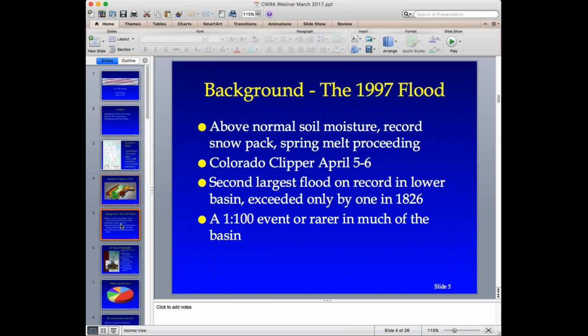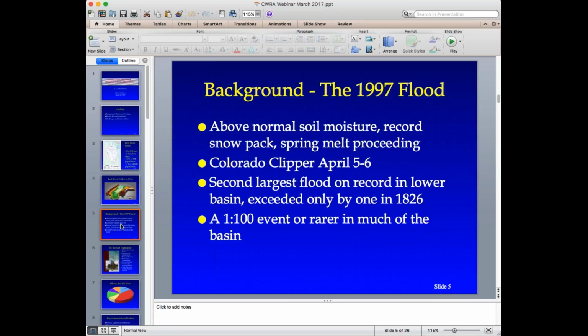Turning now to the 1997 flood, 20 years ago, there was above normal soil moisture in the basin. There was a record to near record snowpack, and spring snowmelt was actually just getting going in the very south of the basin. I should say that in the Red River Basin, the floods are relatively predictable, at least the antecedent conditions for floods, and floods are slow to rise and slow to recede.